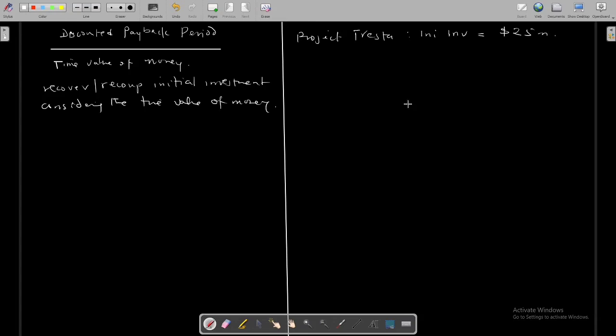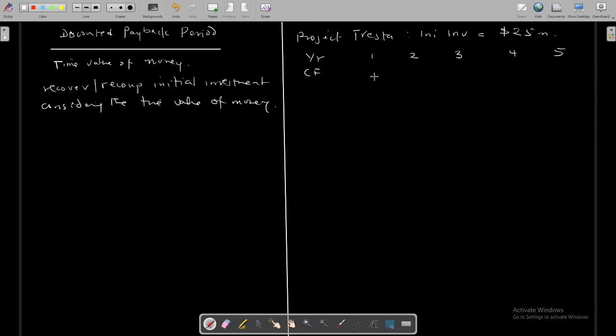The projected cash flows from this investment are as follows: year 1, year 2, year 3, year 4, and year 5.